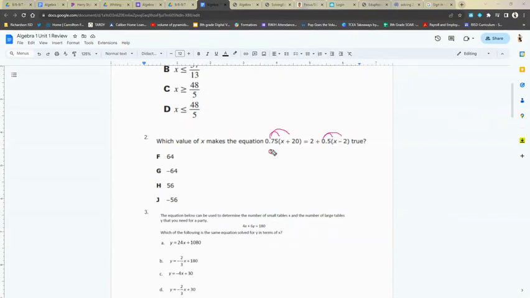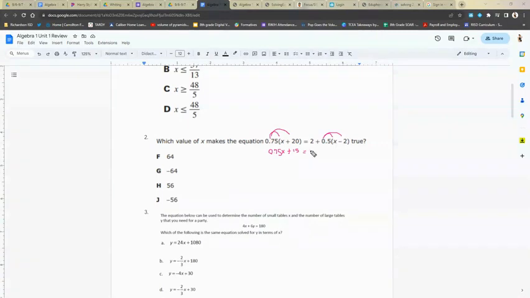So this is going to be 0.75x, and then I'm going to multiply this with my calculator. And when I multiply it, I would get 15. So I'm going to do plus 15. All I did was multiply 0.75 times 20, and I got 15.